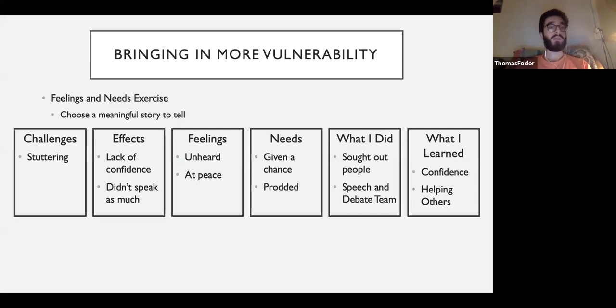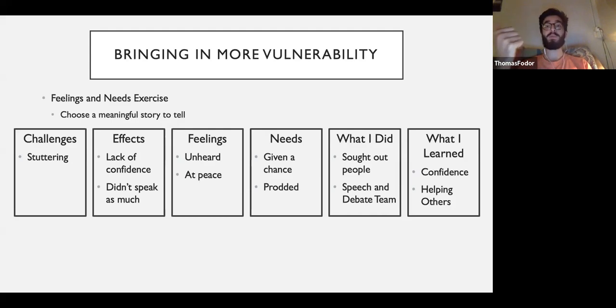For me, a challenge that I faced was stuttering. The concrete effects of this challenge were a lack of confidence and that I didn't speak much. What were my feelings about these concrete effects? I felt unheard, but at the same time, I felt at peace because I wasn't being challenged by others. What were my needs during this challenge?